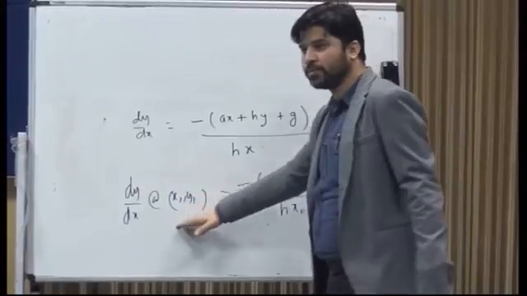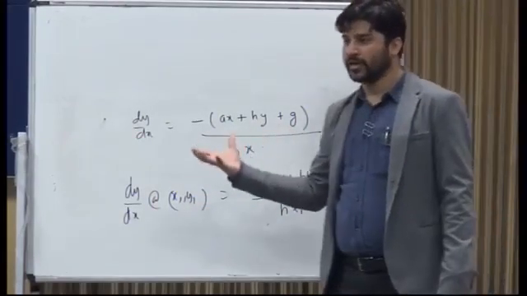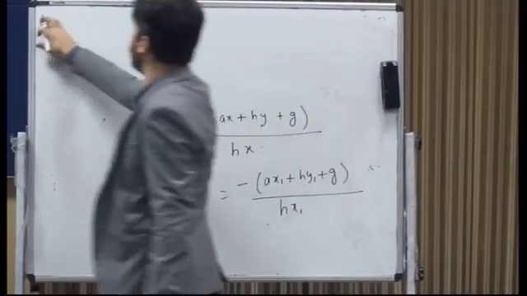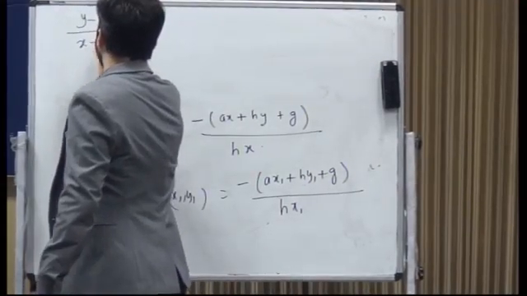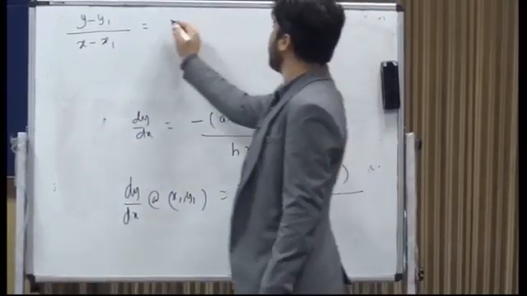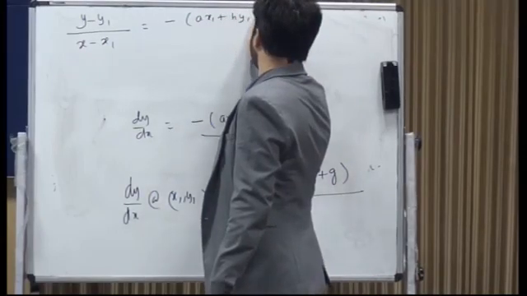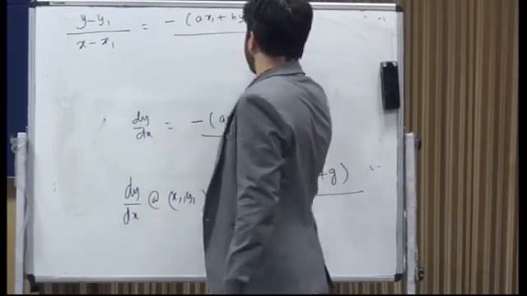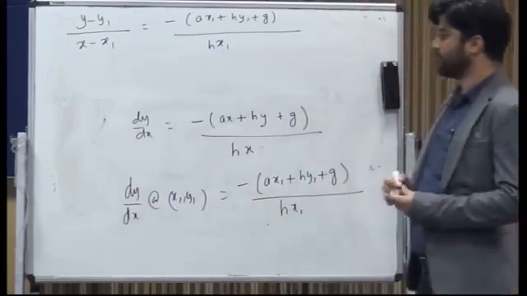You got your slope, this a complicated guy, and you got your x1 y1. So I can write the equation of tangent as y minus y1 upon x minus x1 is equal to minus (ax plus hy plus g) upon (hx plus by plus f), right?